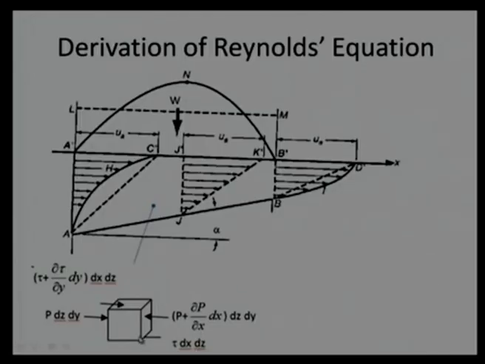We are assuming this area is dx into dz, that is the element. Coming to the pressure side, pressure is developed on this side. So, we start with pressure into area, while here it is pressure plus the pressure gradient, a positive pressure gradient, because the pressure has been more. You can see over here pressure is increasing.